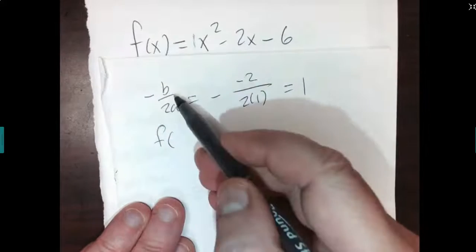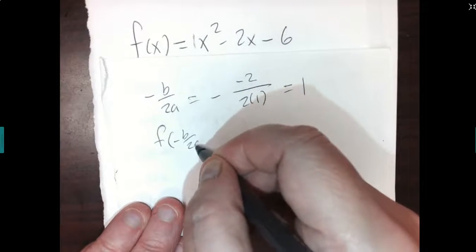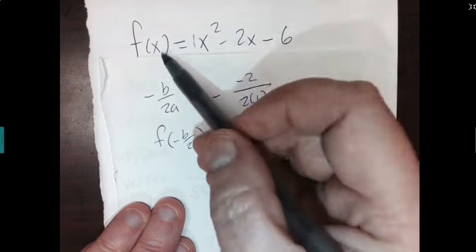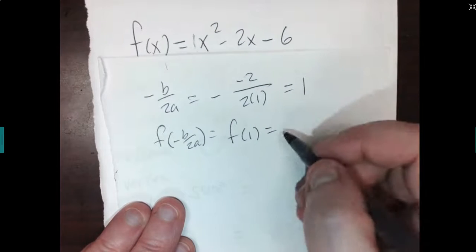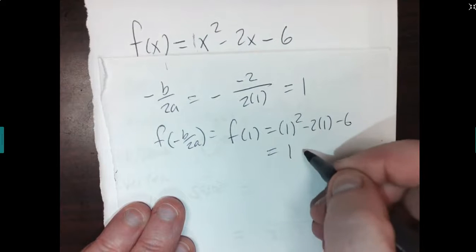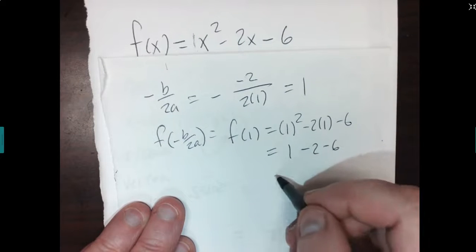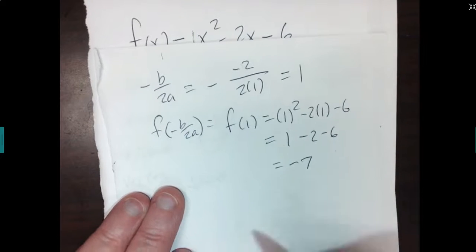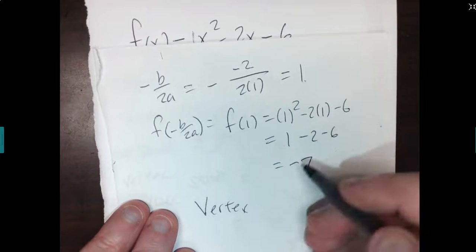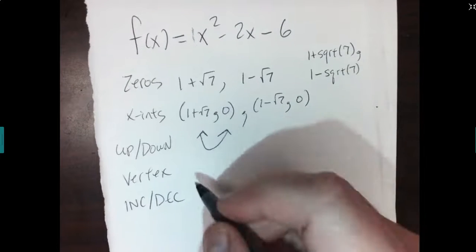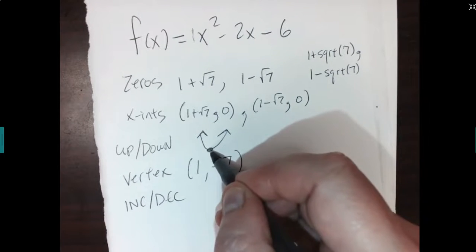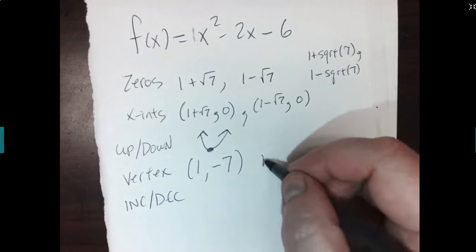Now I need f of that, which is going to be f evaluated at 1. And so I go back here and I plug in 1. So it's going to be 1 minus 2 minus 6, 1 minus 8, which is -7. So my vertex has coordinates (1, -7). And so it will be here, and it will be a minimum.